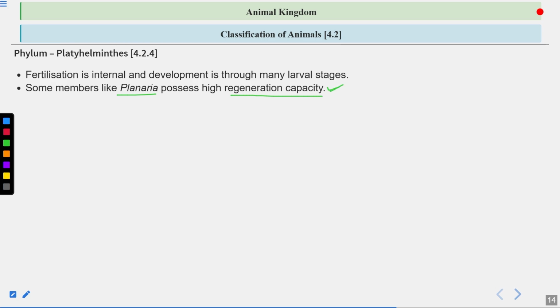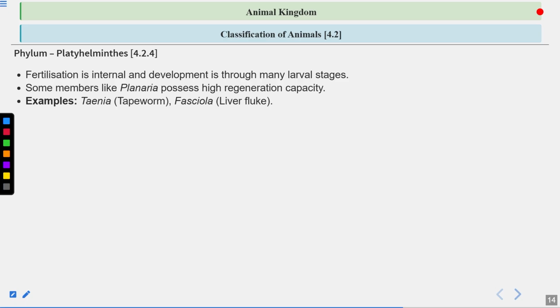If the organism is cut into two or three pieces, each piece will develop into a new organism. That process is called regeneration. So that is reported in this particular phylum. They have a very high capacity of regeneration.